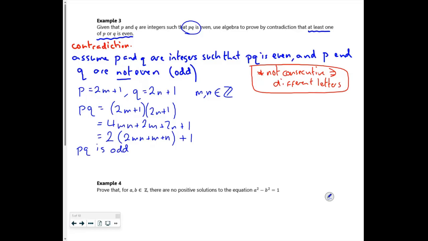So my assumption, so assume P and Q are integers such that PQ is even. So if you look, I was trying to show that PQ was even. But actually what I've shown is PQ is odd. So this is where my contradiction is. So my contradiction fails.